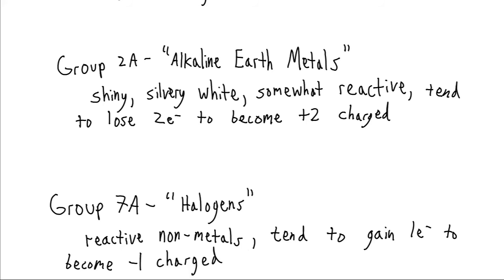Now this gaining of electrons is intimately tied to their properties which make them nonmetals, and the property of giving up electrons is intimately tied to what makes things behave as metals. And we'll see why a little bit more once we start talking about the quantum mechanics of these elements.